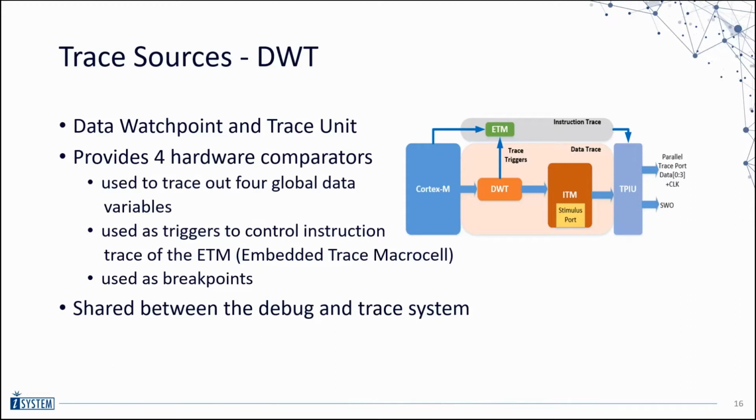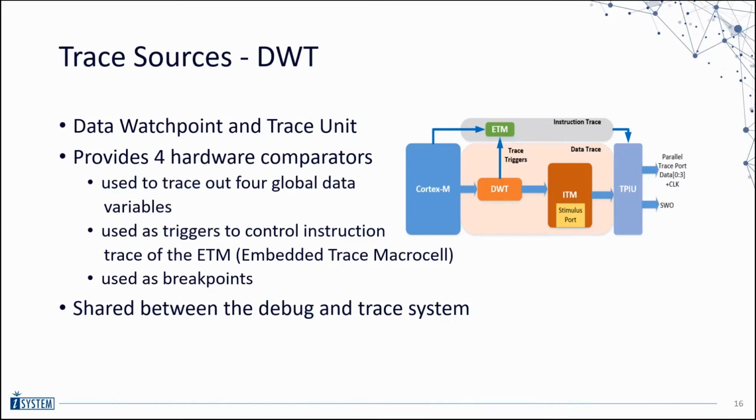The DWT implements four hardware comparators, which can serve either as on-off triggers to ETM instruction trace or as data watchpoints. In the latter case, they can either stop the CPU, I mean as a breakpoint, or they can capture the data without stopping the CPU.